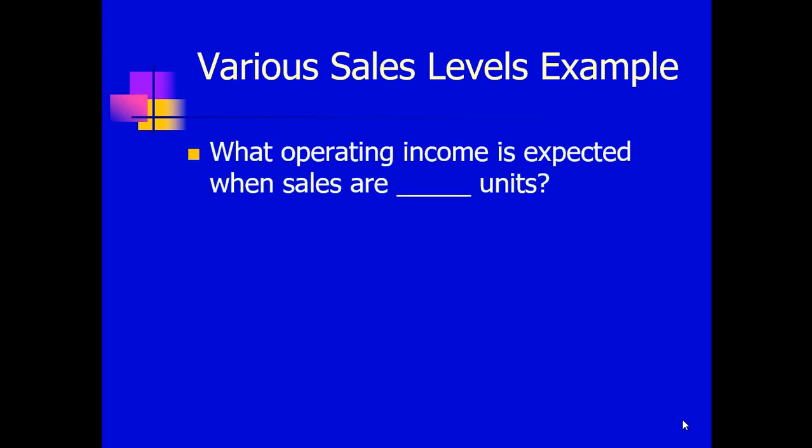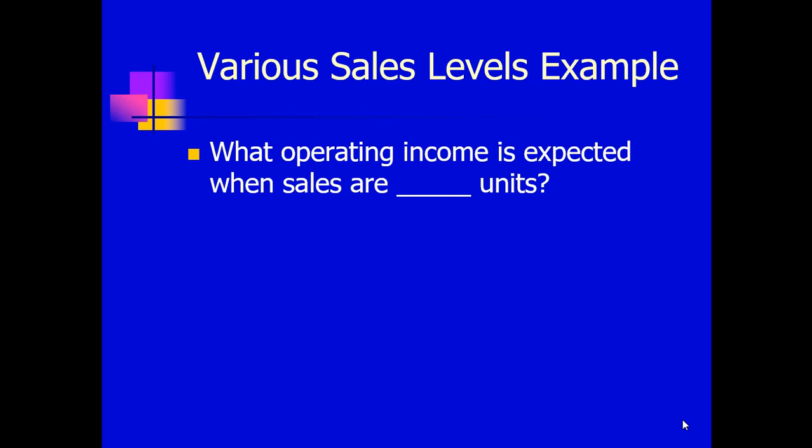With the various sales level example, the question that we'll ask ourselves is, what operating income is expected if we sell, fill in the blank, however many units that we want to sell. If we're using this equation approach, it's nice and easy because all we have to do is substitute however many units we fill in this blank with right in for x.